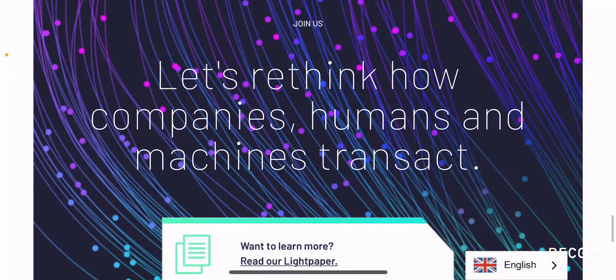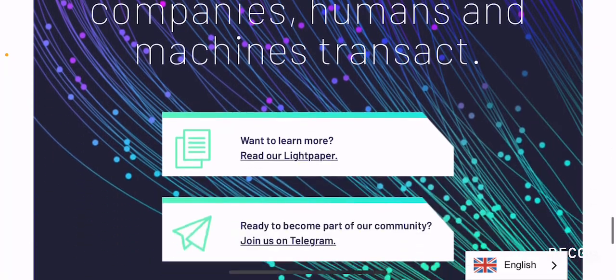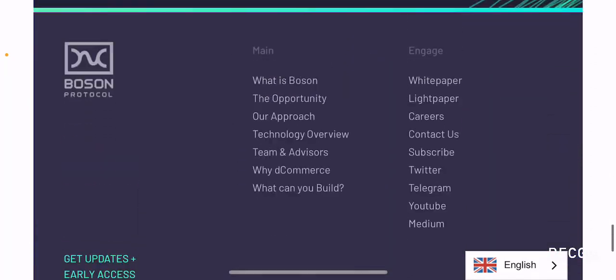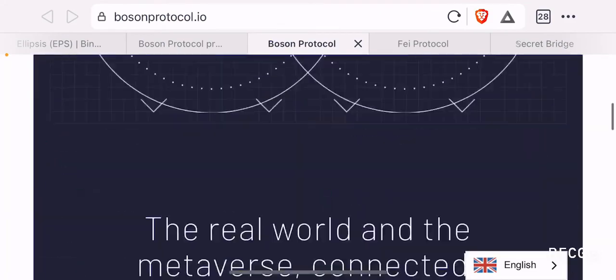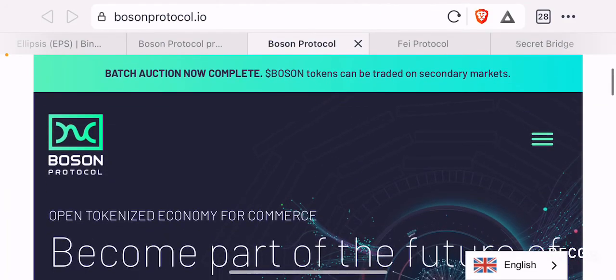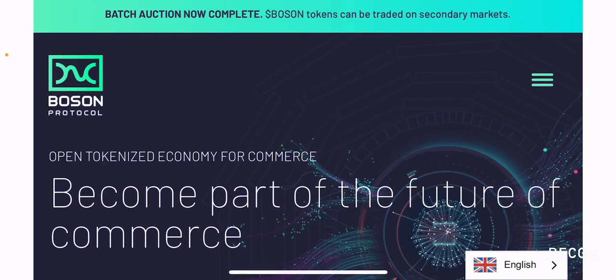Let's rethink how companies, humans, and machines transact. Again, they're basically inviting all of us to a decentralized e-commerce environment, which is completely trustless, with low fees and minimal arbitration, right? So they want to basically build the future of decentralized commerce or e-commerce, and that's pretty cool.